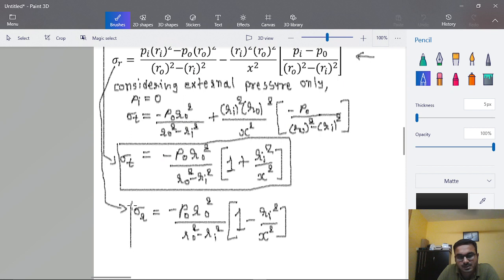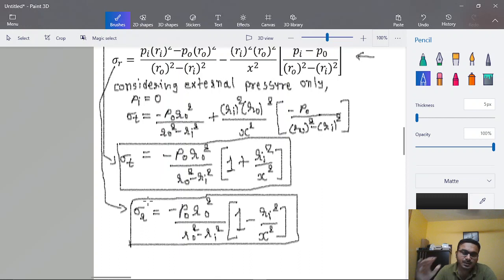So this is the equation when we only consider the external pressure. These all are very important equations.